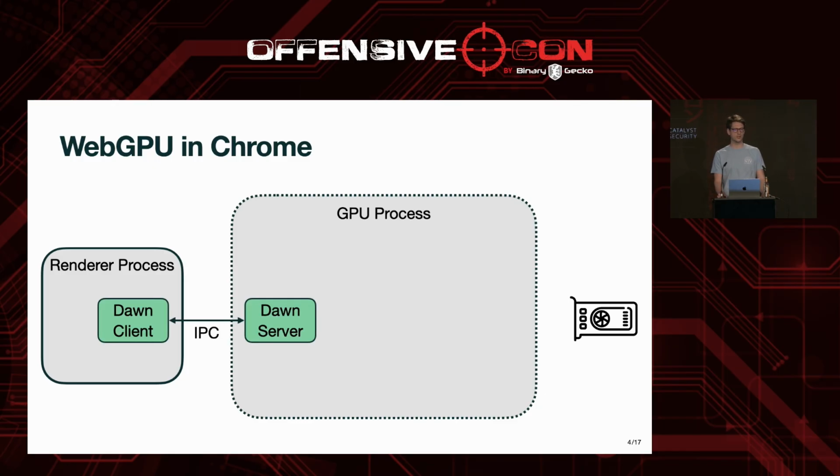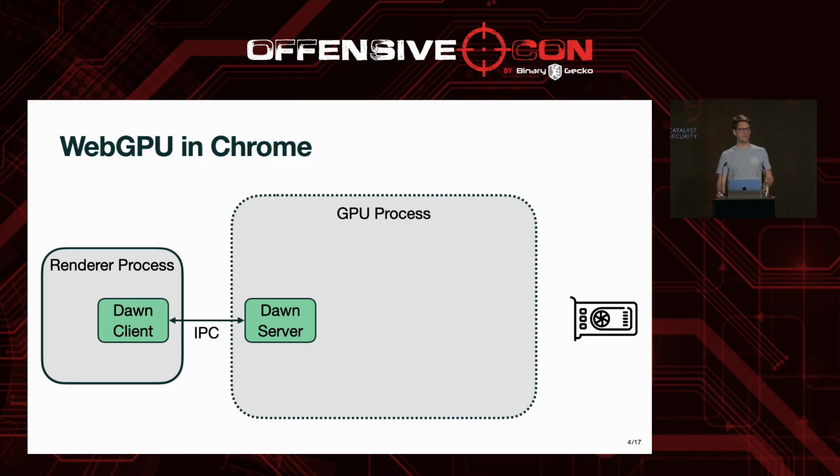We have the Dawn client running within the renderer, and we have the Dawn server running in the GPU process, and a communication interface between those two. Now, if web content wants to perform any kind of WebGPU-related API call, more or less all the Dawn client is doing is serializing this API request and sending it over to the Dawn server. And all the interesting processing is happening within the privileged process.